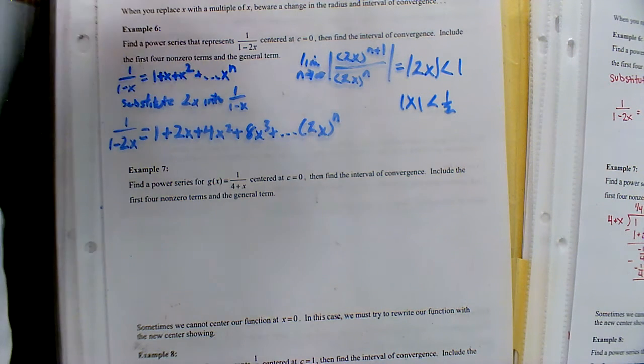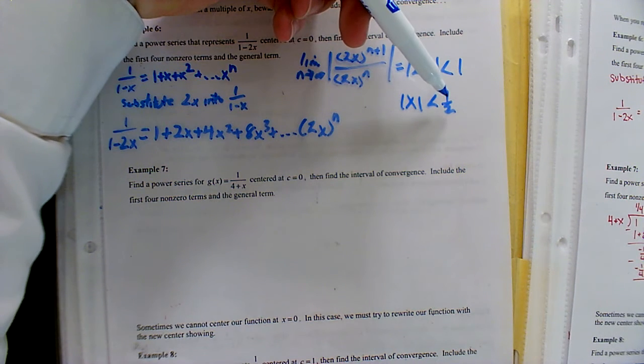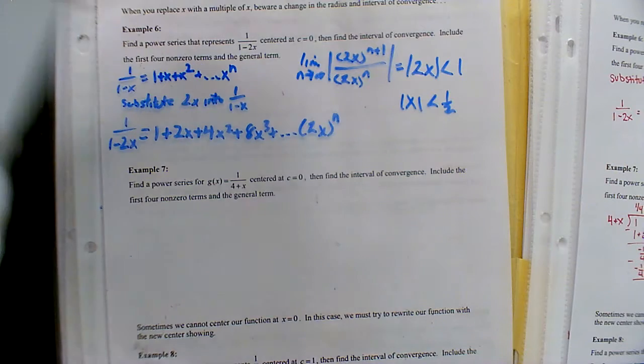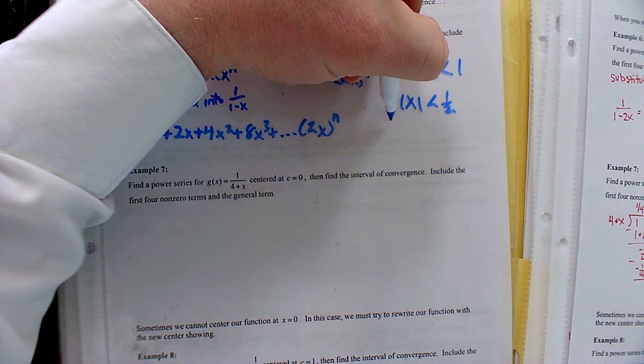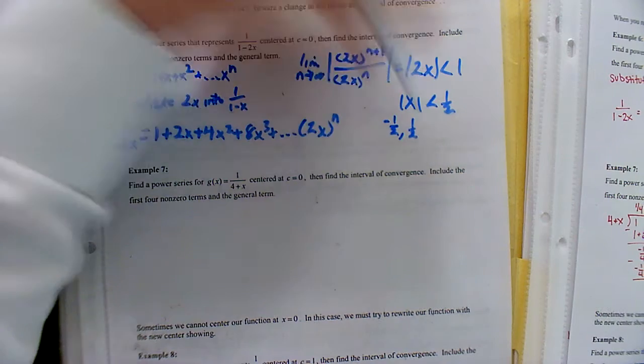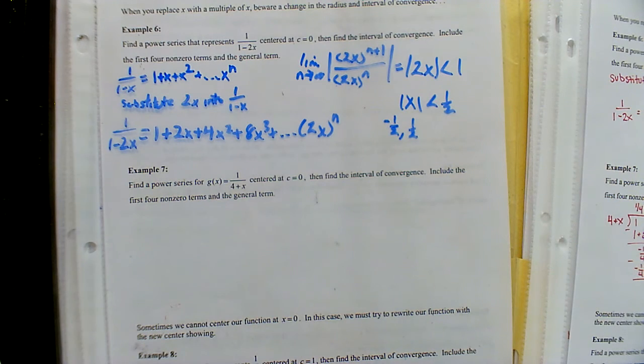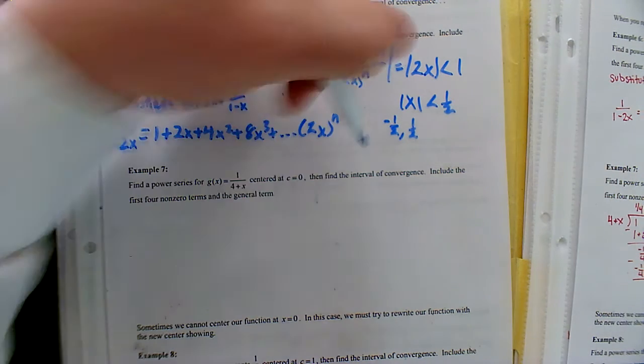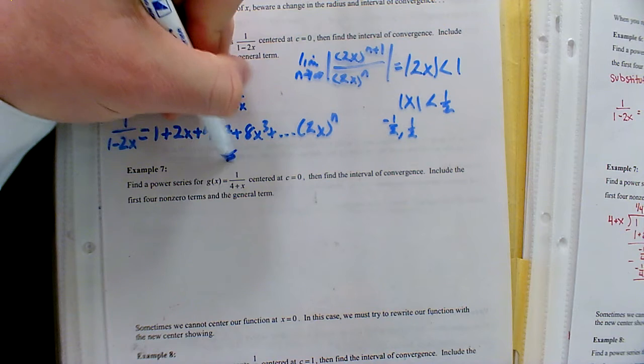So we're centered at 0. So the radius is this 1/2. So we can go 1/2 to the left, 1/2 to the right. So we know our interval is going to be from negative 1/2 to positive 1/2, but we don't know yet if we need parentheses or brackets. So we have to test the endpoints.